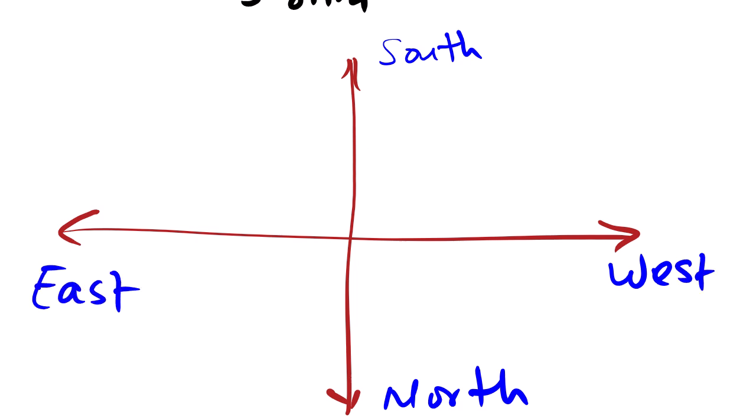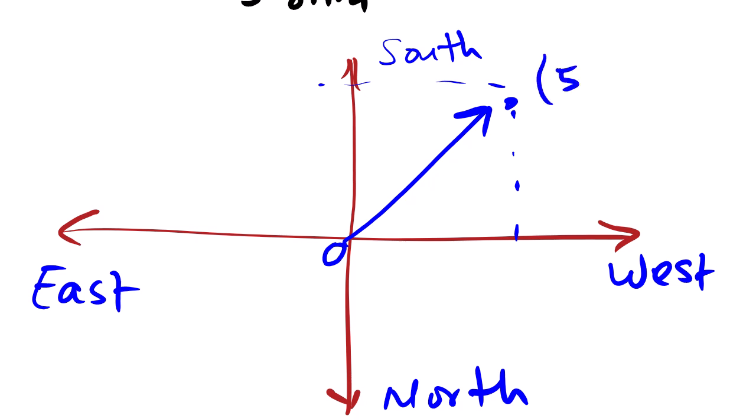So if you have an object here and it moves in this direction to this point, let's say you find the coordinates of this point as 5, 4, since everything is positive here. The object started from this point and moved to this point.